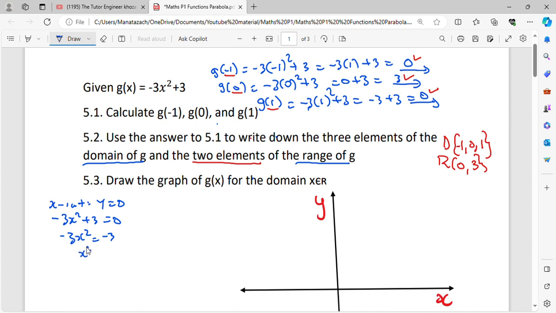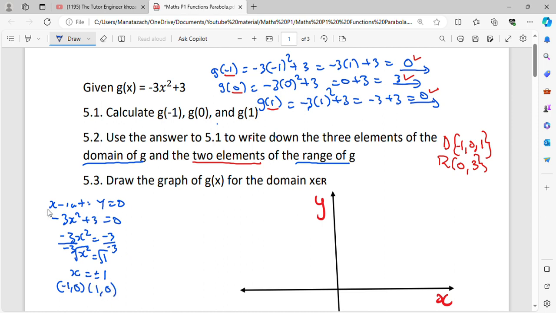So here divide by minus 3 both sides, then x squared is 1, then you can just put a square root sign on both sides, then you'll get x is plus or minus 1, right? So the x-intercept will be minus 1, 0, and 1 and 0.